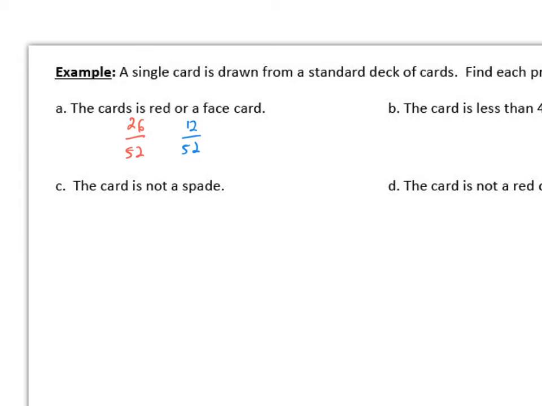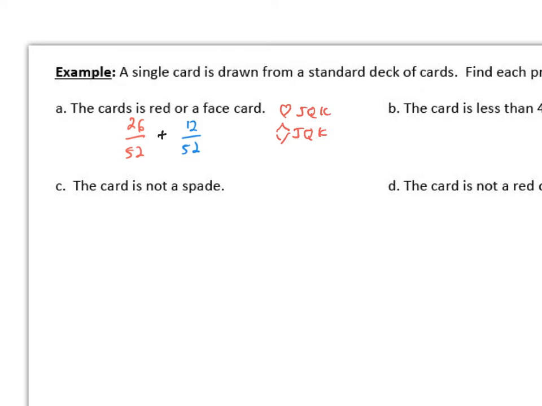So if I'm trying to find the probability of drawing a red card or a face card, it seems obvious to add those two together. However, when it comes to red cards being face cards, there are 6 cards: a jack, a queen, and a king of hearts, and a jack and a queen and a king of diamonds.